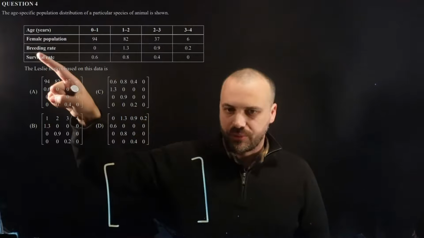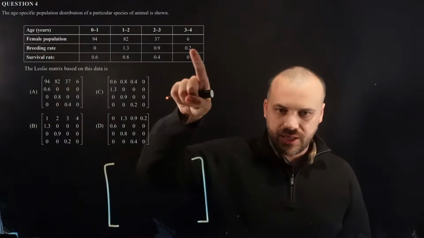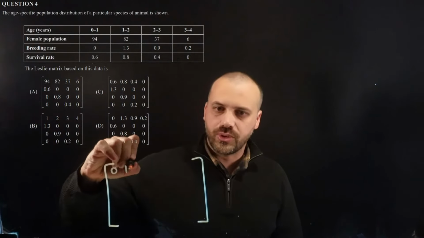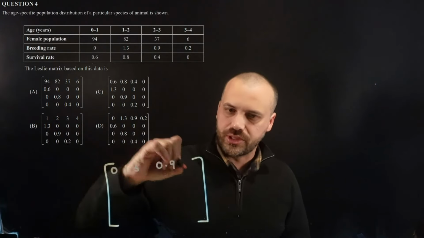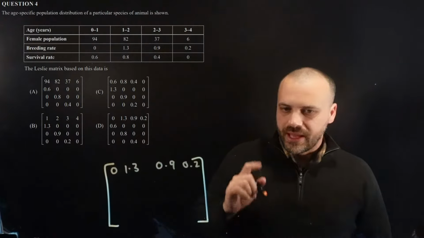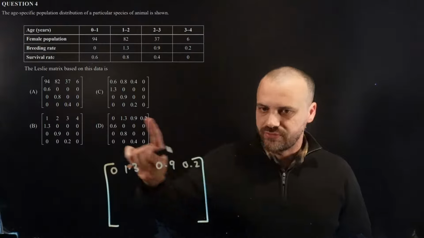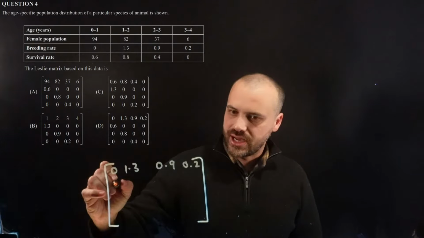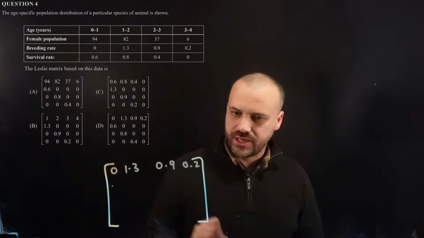All right, our breeding rate, this goes along here. So 0, 1.3, 0.9, and 0.2. And then the last piece of information, the survival rate, diagonally starting right here.